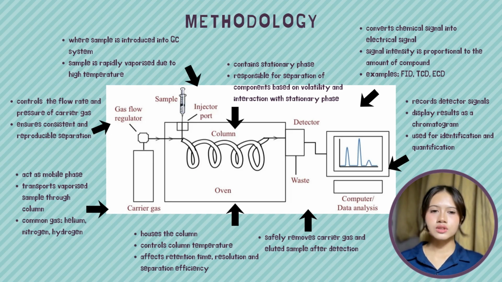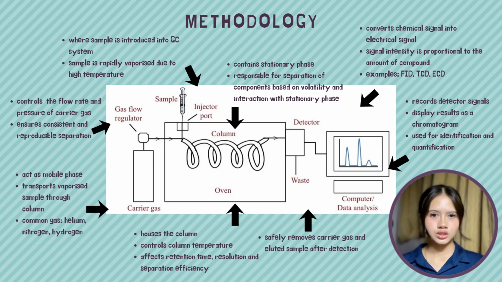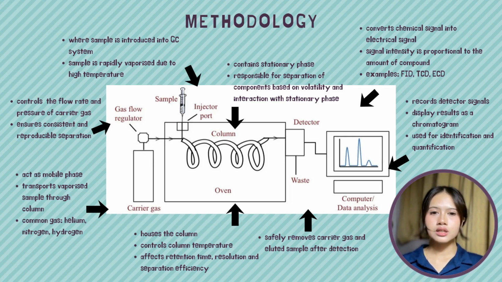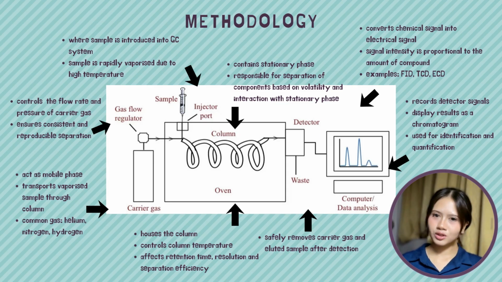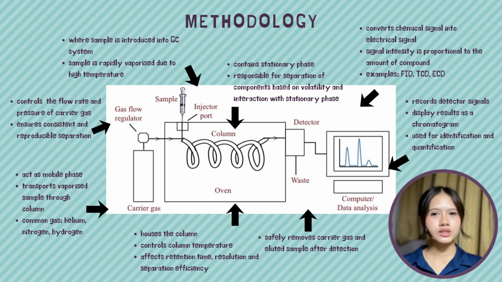The detector converts the chemical signal into an electrical signal, where the intensity you see is directly proportional to the amount of the compound present. Any excess gas or eluted sample is safely removed as waste. Finally, the computer or data analysis system records this signal, and the output is displayed as a chromatogram, which we use for both identification and quantification of the substances in our original sample.